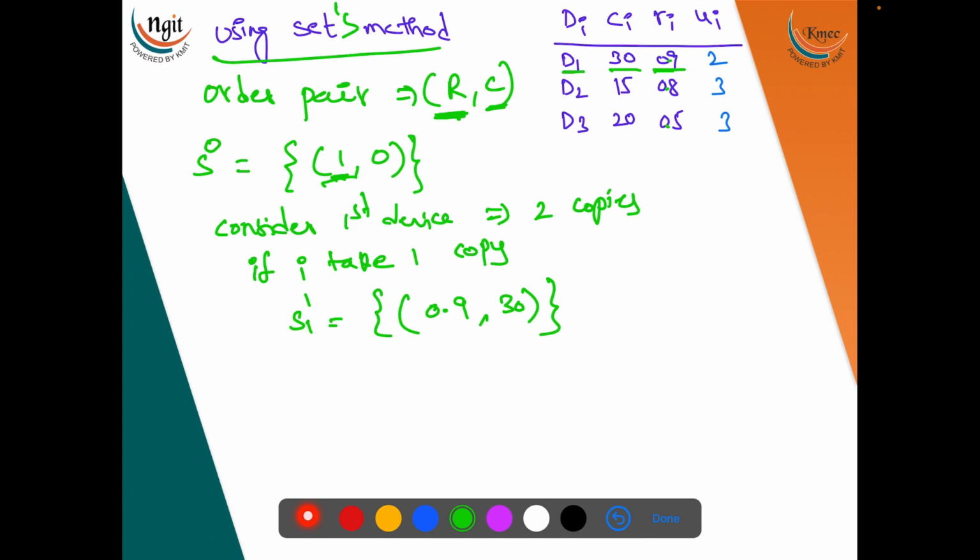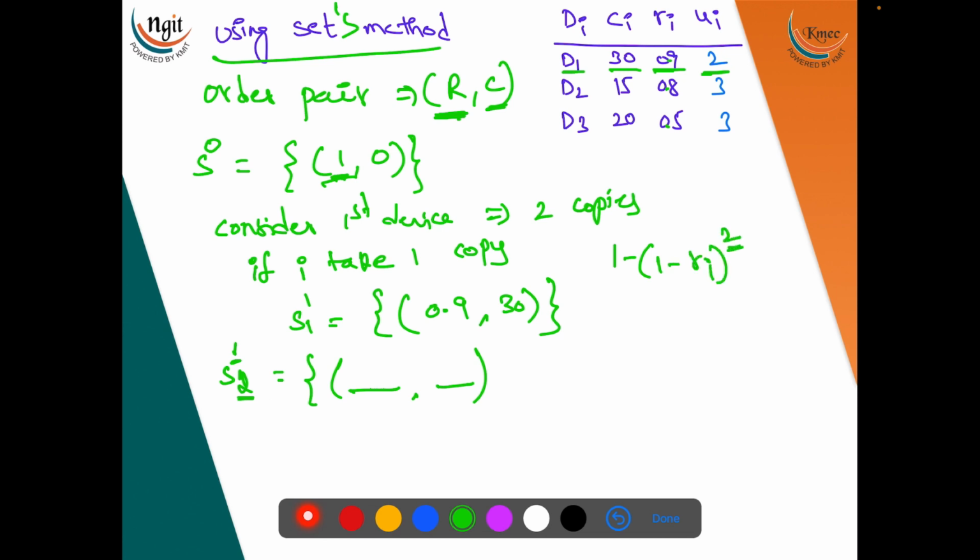But I have a provision of taking 2 copies. Now include the second copy, S2, 1, the second copy of the first set. That means I should know the reliability factor and the cost. The reliability I have to calculate with the formula, 1 minus (1 minus R) whole square.